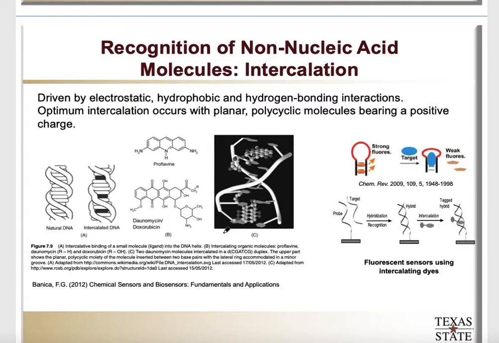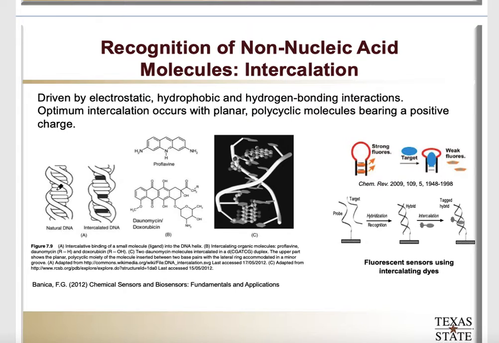An intercalating dye is basically a small molecule, typically a planar polycyclic molecule that has a positive charge, and because of its structure, it has the ability to embed itself between, how can I explain this, between what's known as the groups or spaces found between hybridized nucleic acids. So for example, here I'm showing natural DNA, which is double-stranded, hybridized, right?